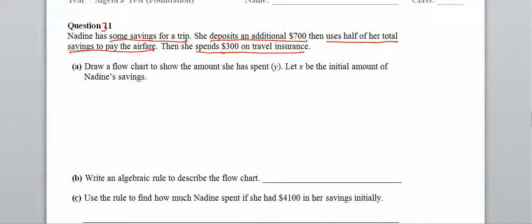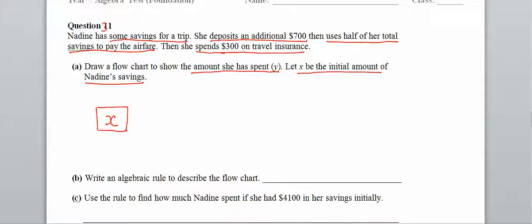Okay, so A, draw a flow chart to show the amount she has spent, Y. Let X be the initial amount of Nadine's savings. Okay, so we've got our flow chart. The first box we start with is X because that's her initial amount.